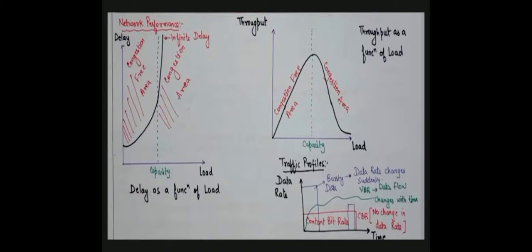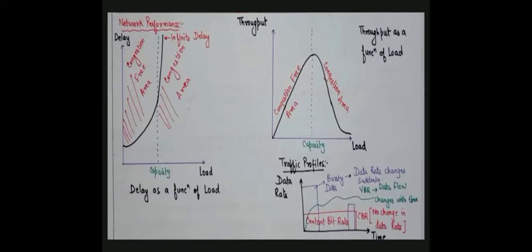What is meant by burst data? Here the data rate changes suddenly, meaning sometimes a high amount of data is transmitted over time and sometimes very little data is transmitted.